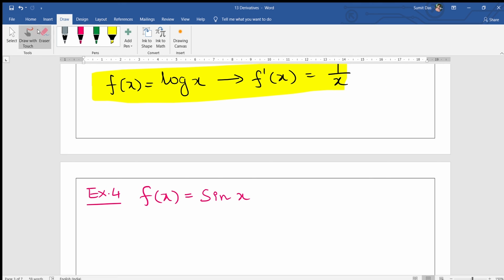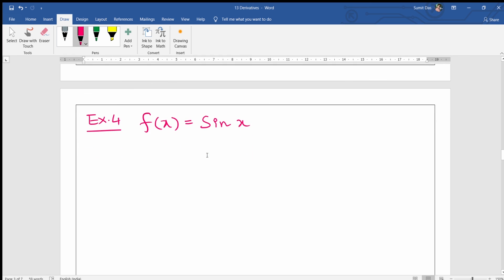Okay, next thing is f(x) is equal to sin x. So here we need the trigonometric formula, sin(a plus b). Let's find out. So f dash x, what will be f dash x?